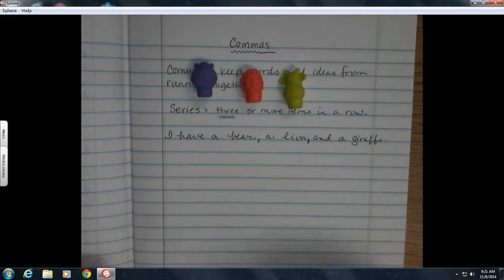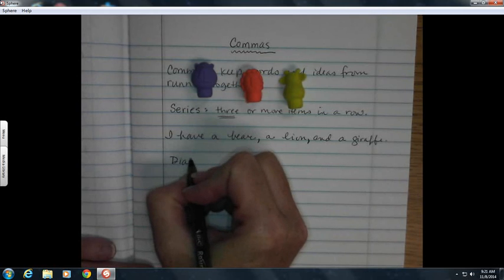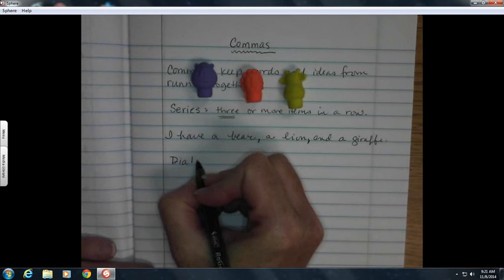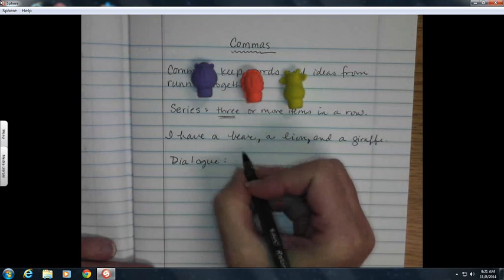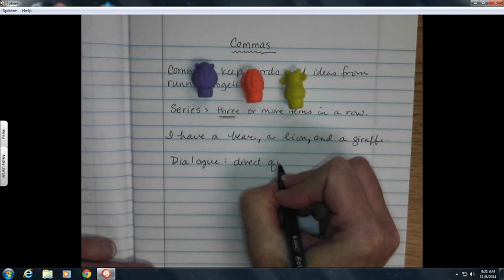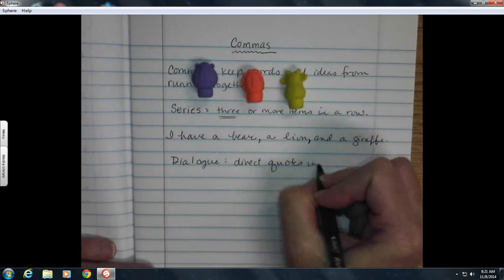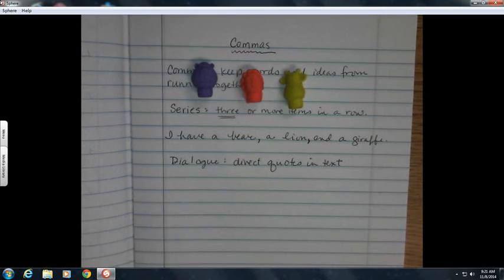Another way we use it is to set off dialogue. Dialogue is when we have direct quotes in text. So we use commas when we have direct quotes in text.